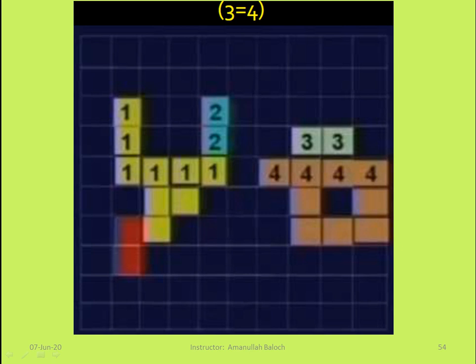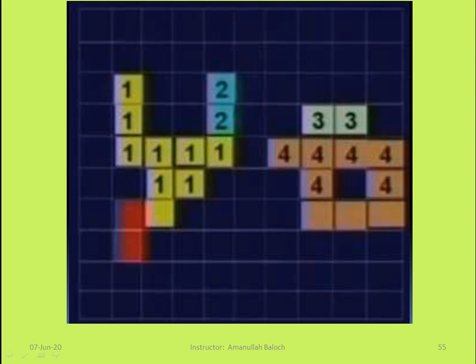Then there is a gap, a 0 gray level pixel, a 0 gray level pixel, and this is a 1 gray level pixel, which is adjacent to the pixel whose label is 1, so we will give it the label 1. We will also give this one the label 1, and by ignoring this 0 level pixel, we consider this pixel.